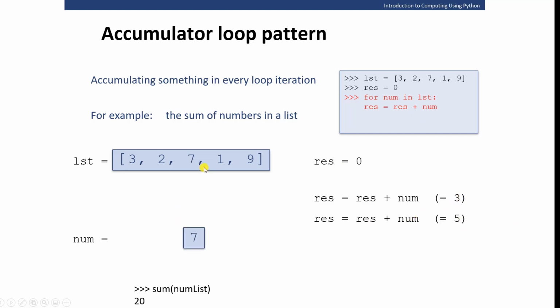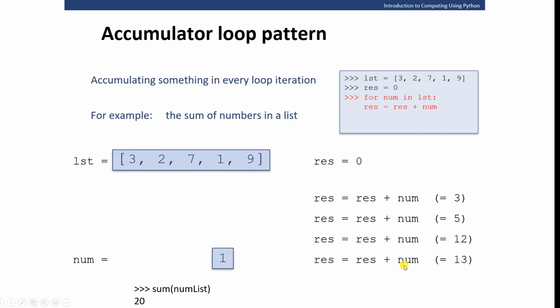Now at 7, we're going to add 7 to what, guys? To 5. Okay, and we're going to have 12. Now after that, at 1, we're going to add 12 to 1, and the result will equal 13. And finally, we're going to add 13 to 9, and the result will equal what, guys?